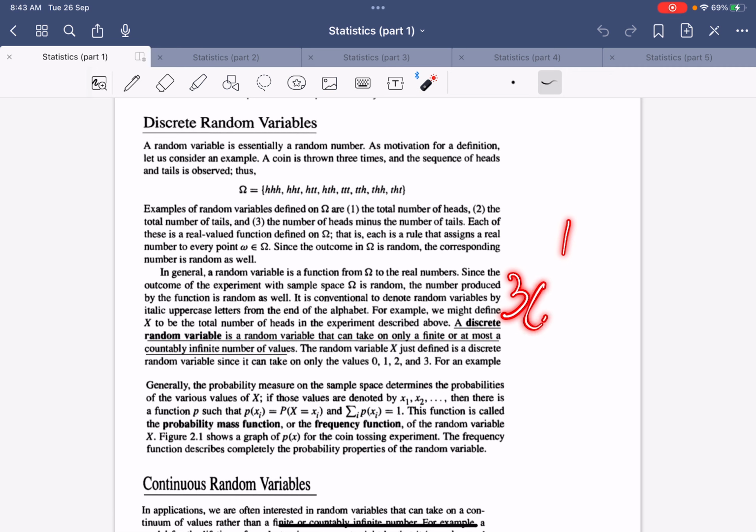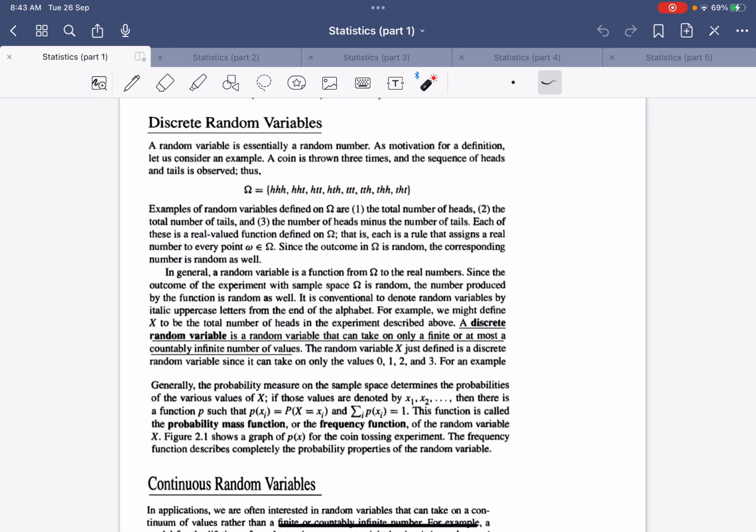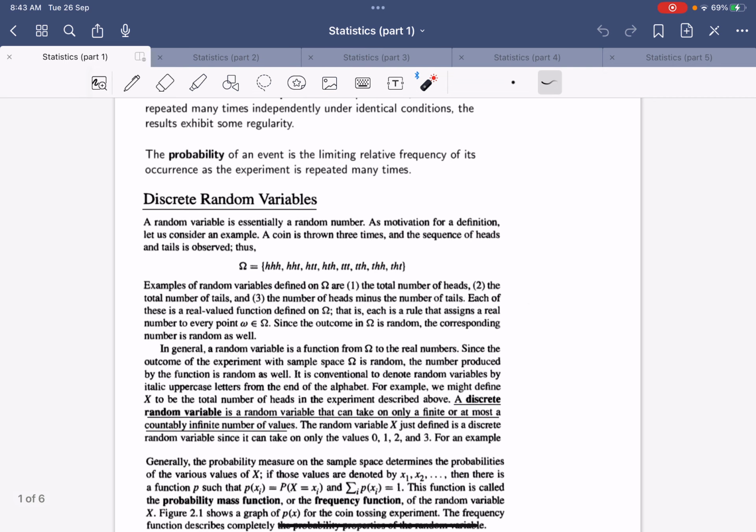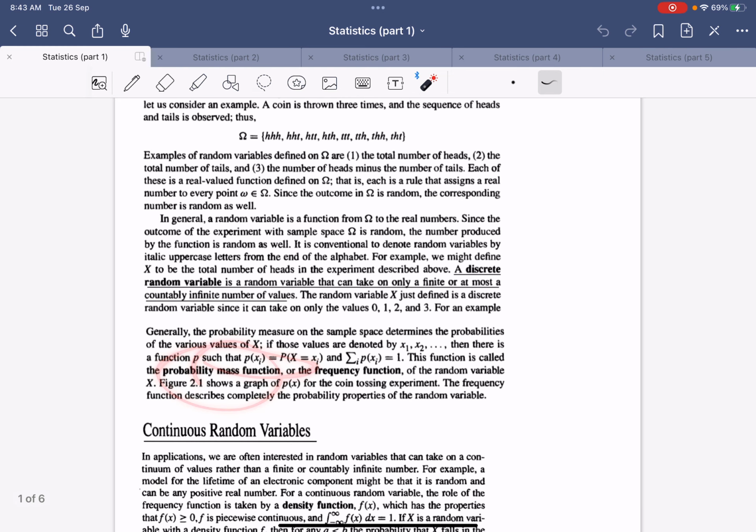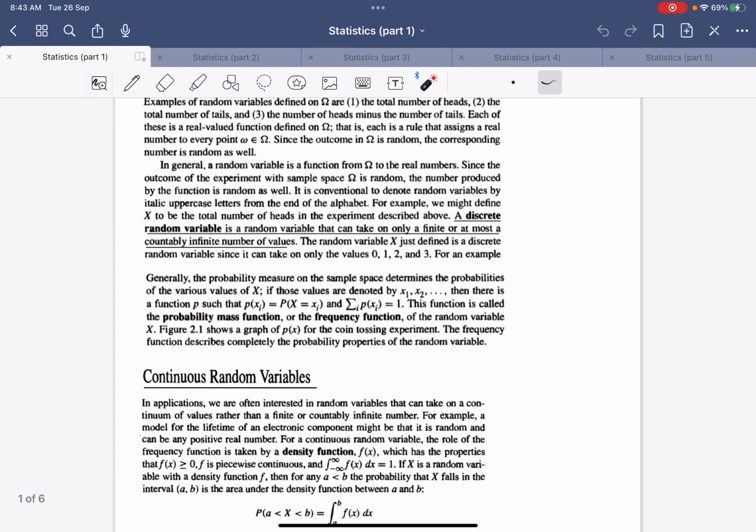So it's 3 choose 1 times half to the power of 3. Then for 2 heads, 3 choose 2, same thing. And so on. You can't get 4 heads because you only throw the coin 3 times. So actually the space that you are confined to is 0, 1, 2, and 3. So this is the probability mass function.